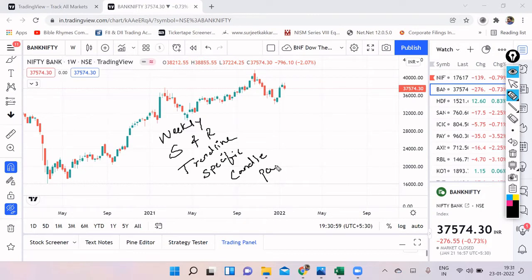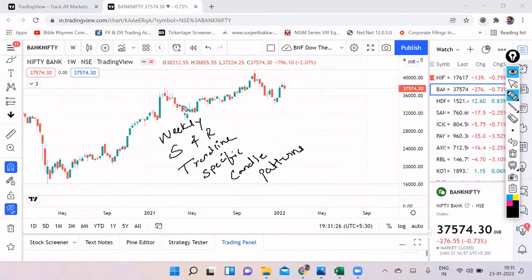Whatever we learned in our technical analysis, like any specific pattern or any candlestick pattern, can help you identify a weekly support and resistance. So first we'll take out a weekly support and resistance, and then we'll plan and see what are the shorter time frame resistances and support that we can take out in Nifty and Bank Nifty.